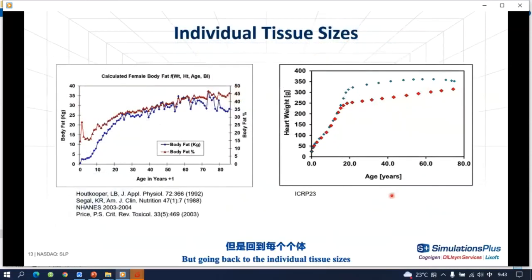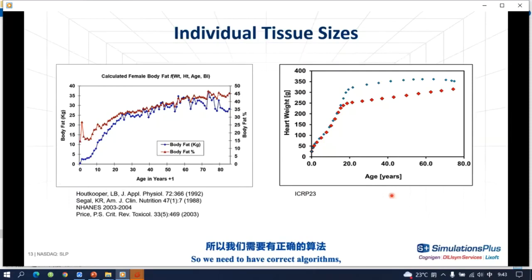But going back to the individual tissue sizes and compositions and so on, of course, that is what we need to capture in order to predict PK. Right? Body height and weight are important, but where the compound is distributing is into individual tissues. Right?